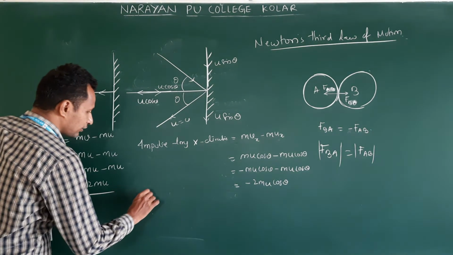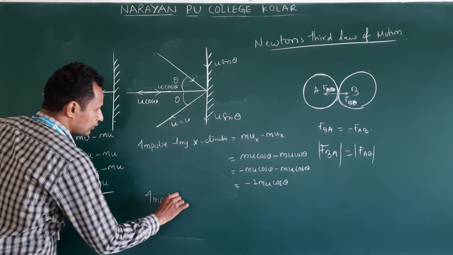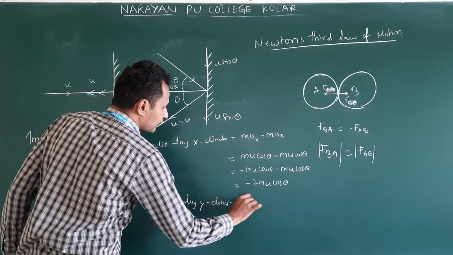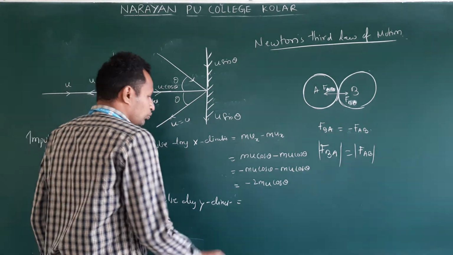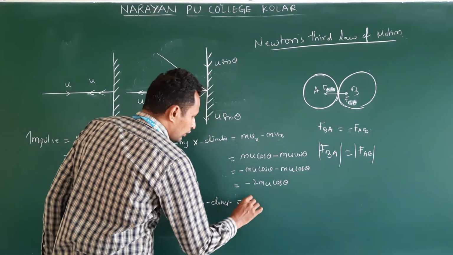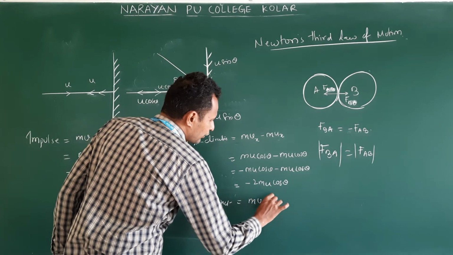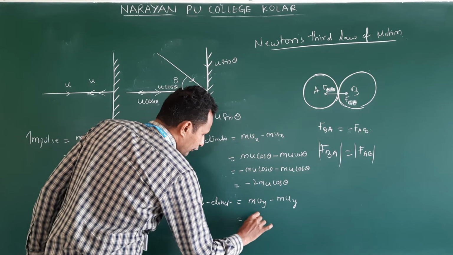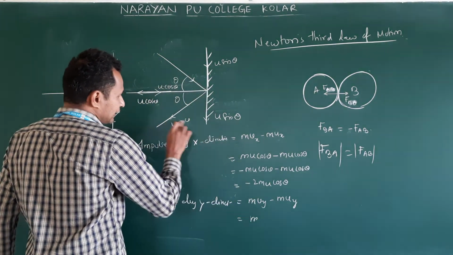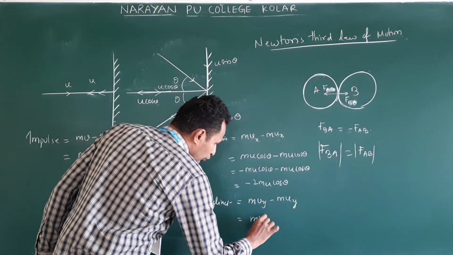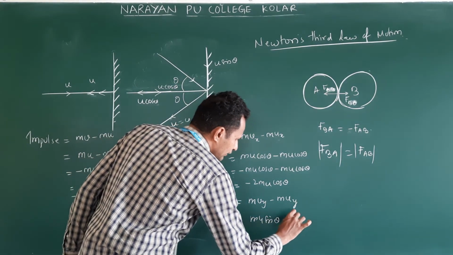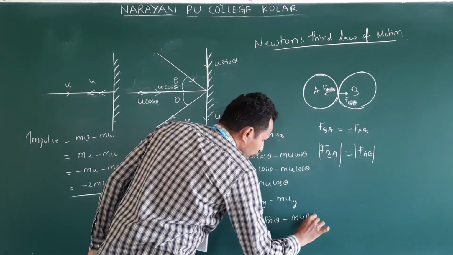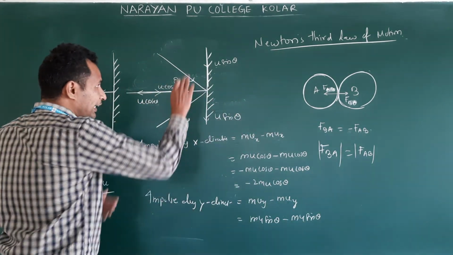Now come to the y direction. Impulse along y direction. How do we write it? m vy minus m uy. What is vy? This component along this direction, so m u sin theta minus m times the initial velocity along y, u sin theta. Both are acting downwards.